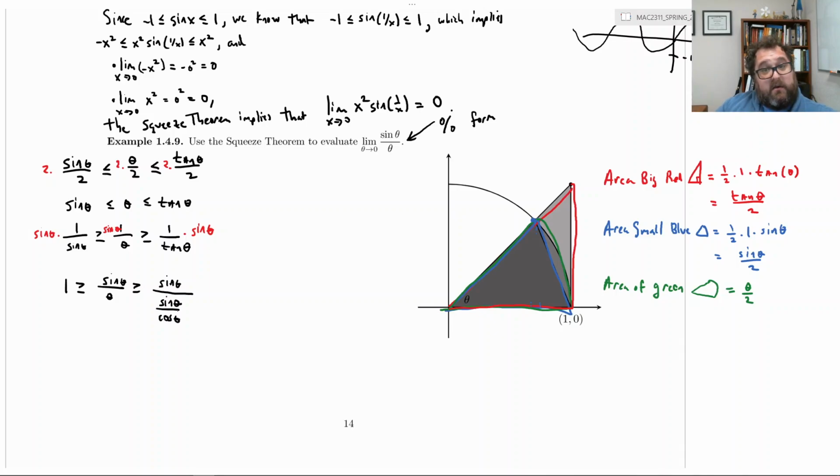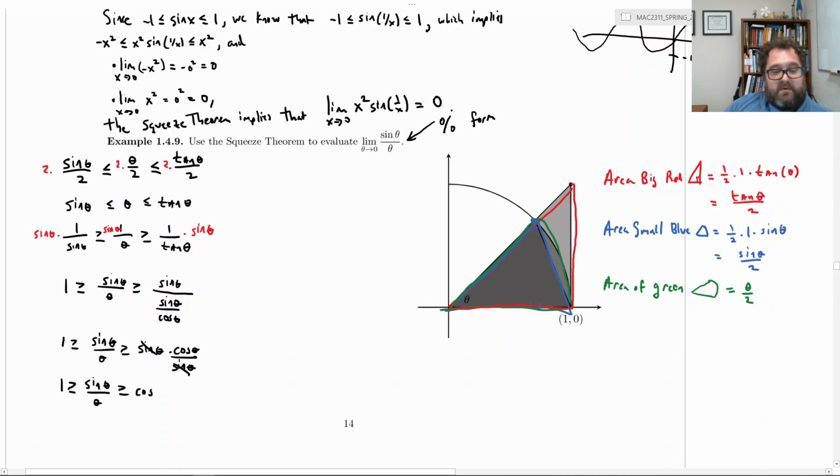If I take the reciprocal and multiply, I get cosine theta. Okay, almost there. 1 greater than or equal to sine theta over theta greater than or equal to cosine theta.